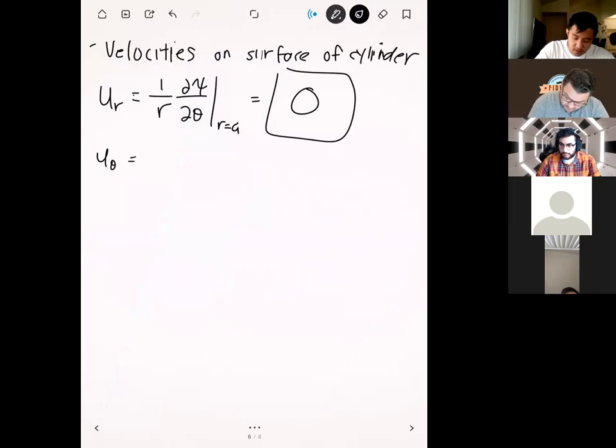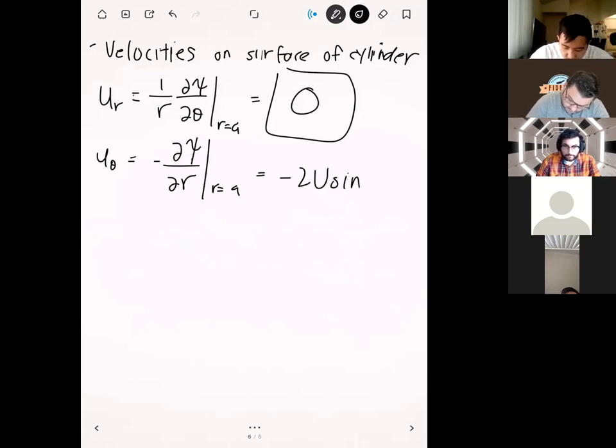And so to get U theta, we're going to take the derivative of the stream function with respect to R. And we're going to take the minus sign of that. And again, we're going to evaluate this at R is equal to A. And then once we do that, we get a velocity of minus 2U sine theta.